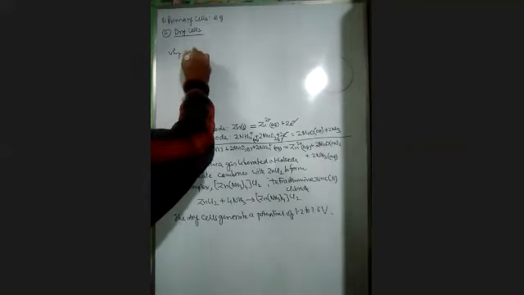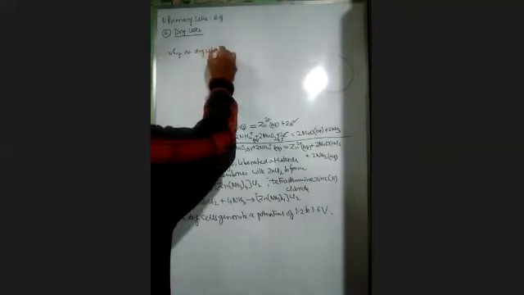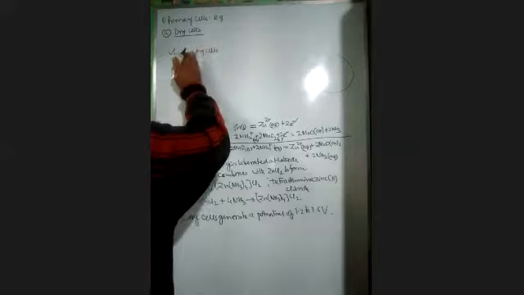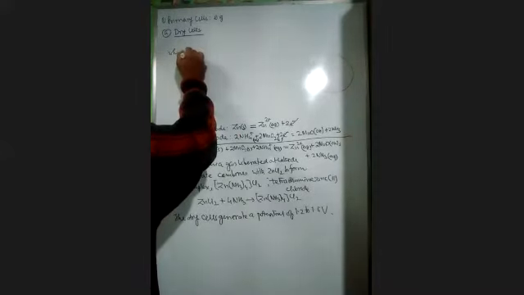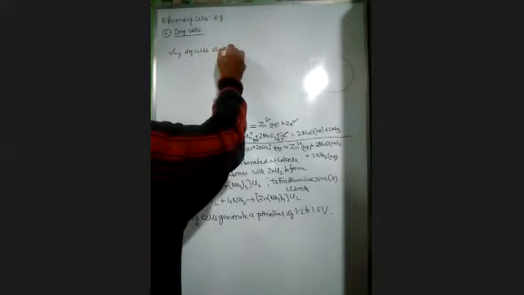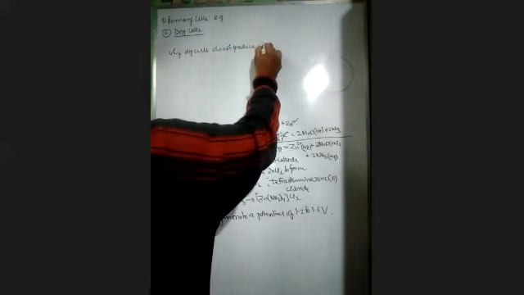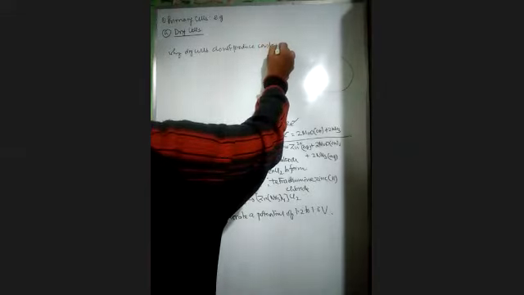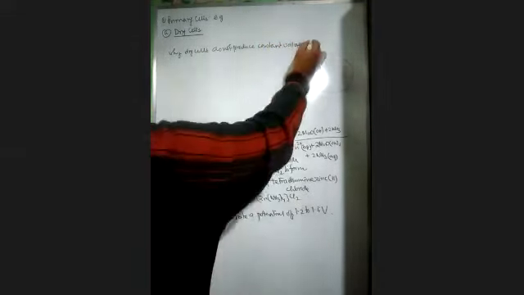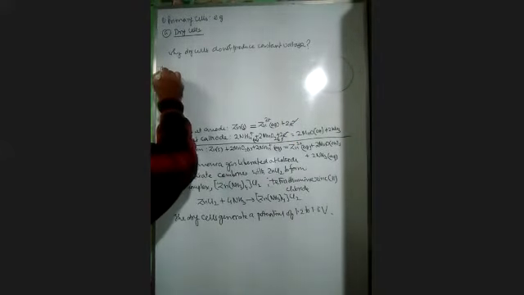So the question is, why do dry cells not produce constant voltage? So what we will write now? Answer.